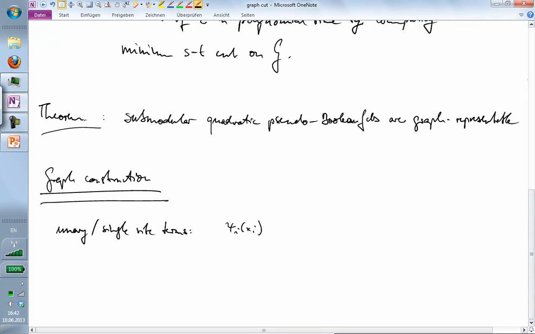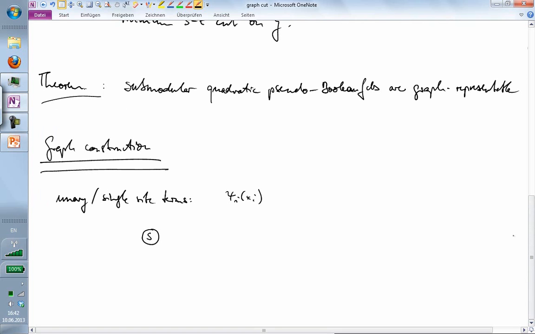Psi i of xi, and we can construct a tiny graph comprising this vertex vi that has 2 capacitated edges. There's one edge with psi i of 1 and one edge with psi i of 0.